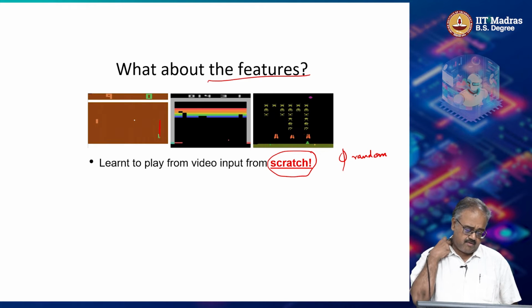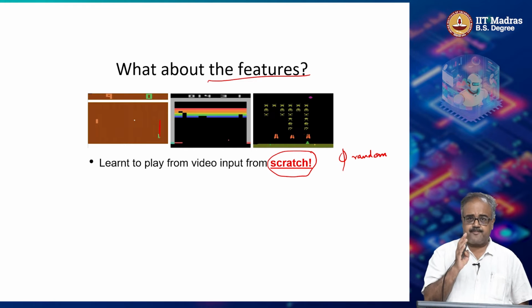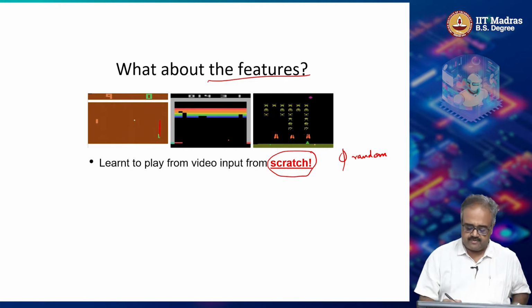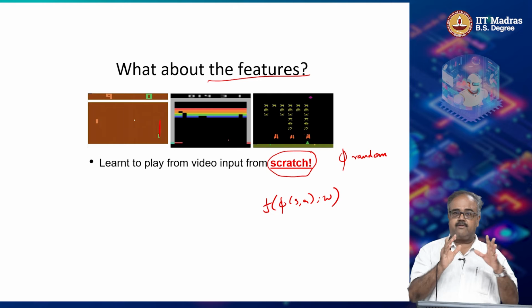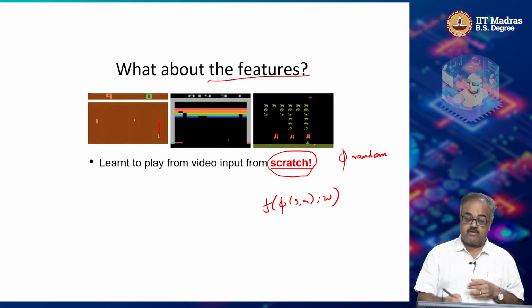So the thing we have to think about is, where did these features come from? Because at the end of the day, your function approximator is implemented as a function of phi of s comma a, and w. So your phi could potentially be learned.